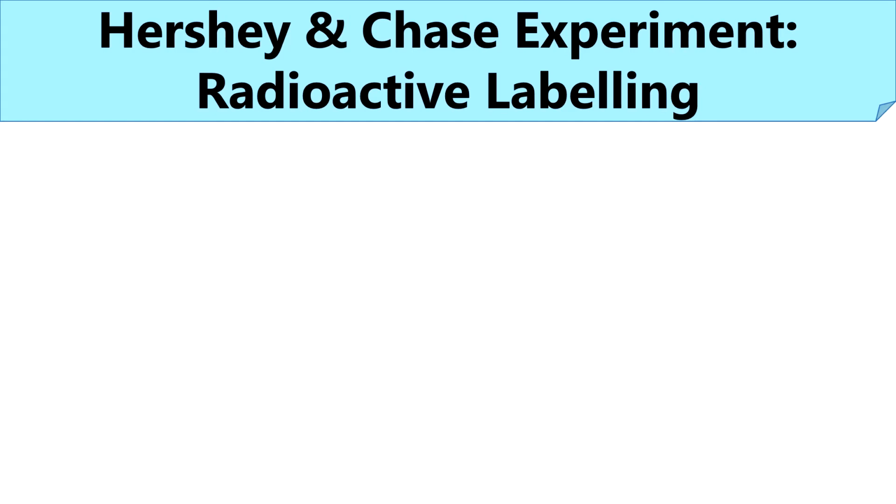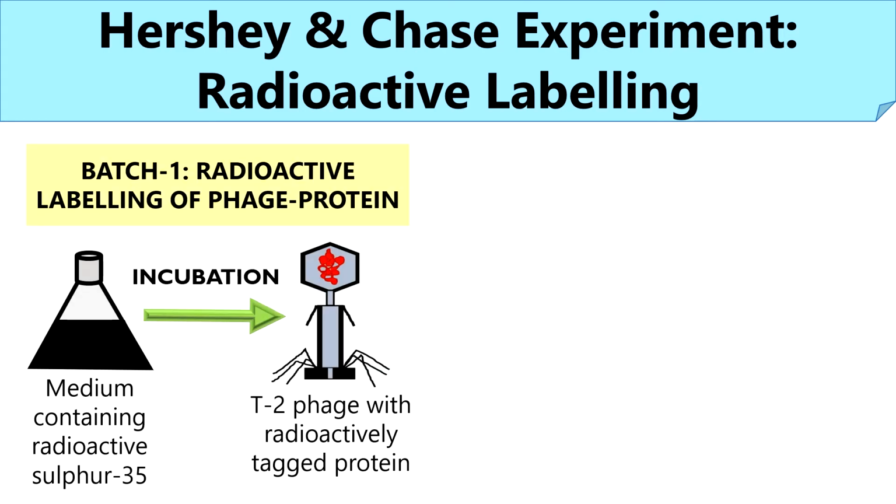Radioactive labeling of the T2 bacteriophage is the primary stage in which the T2 bacteriophages were grown in two different batches. In batch 1, T2 phages were grown in the medium containing radioactive isotope of sulfur or S35.